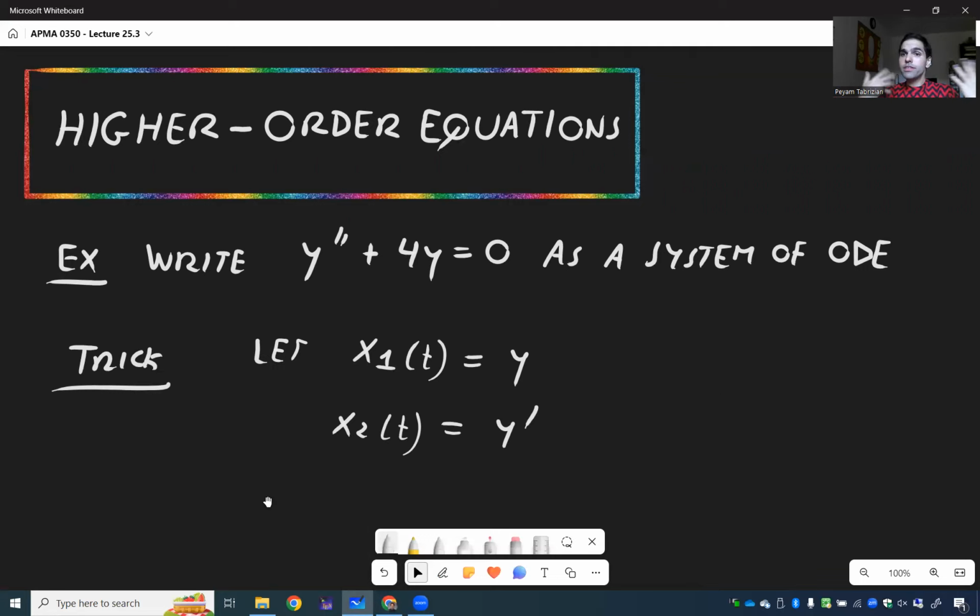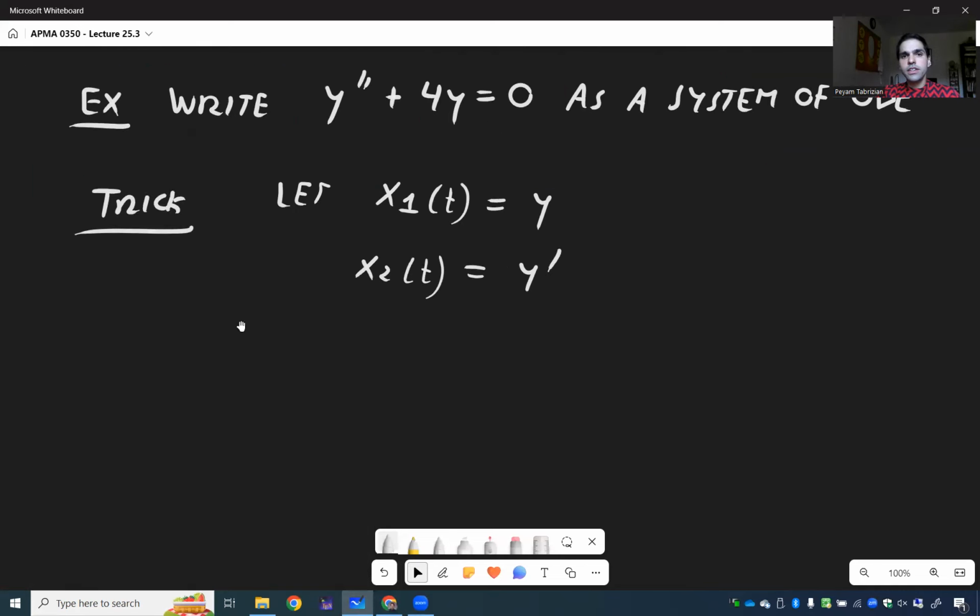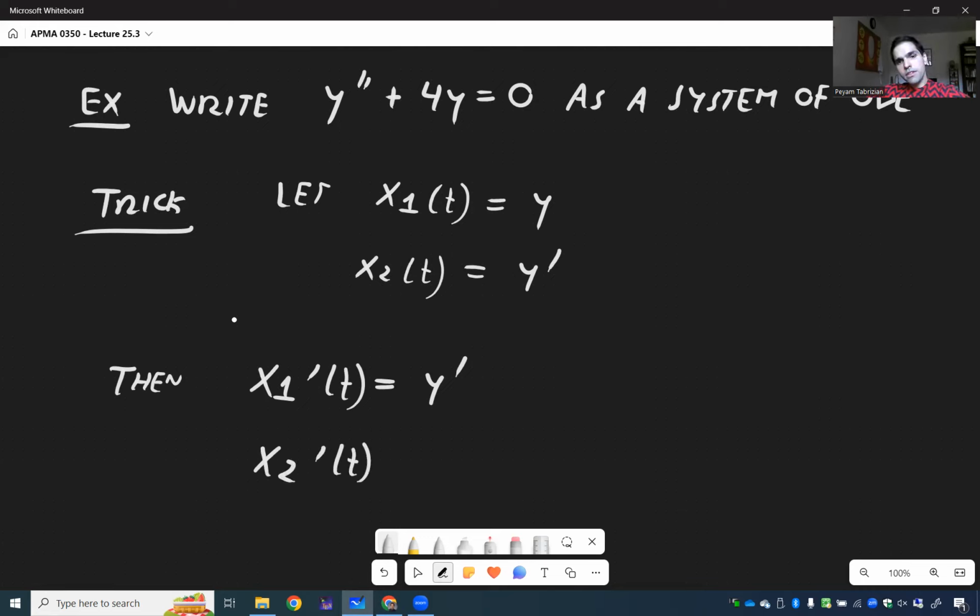And remember, systems means find the derivatives of x1 and x2 here. So then, x1 prime, that is just y prime. And x2 prime becomes y prime prime, so y double prime.